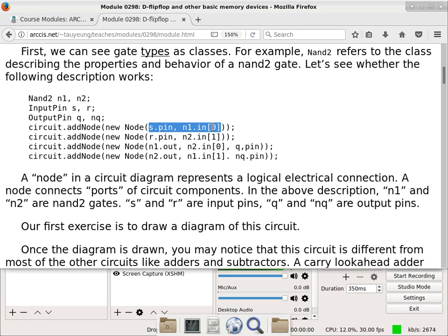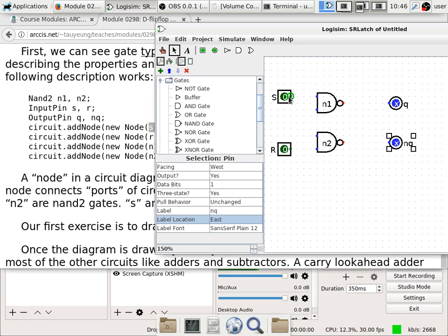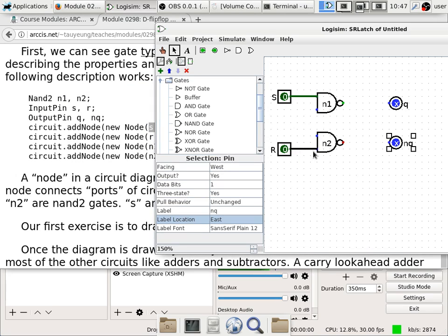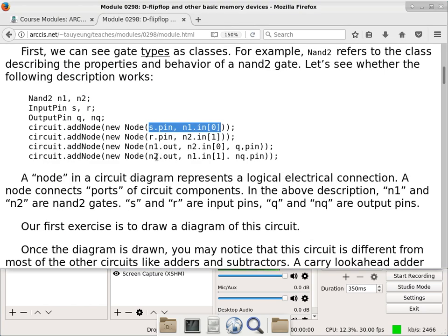So what this is doing is just doing this. The next one is doing this. And then this one is kind of interesting, because now you're looking at this and going, oh, we are connecting 3 ports. We are connecting Q.pin, not Q comma pin.